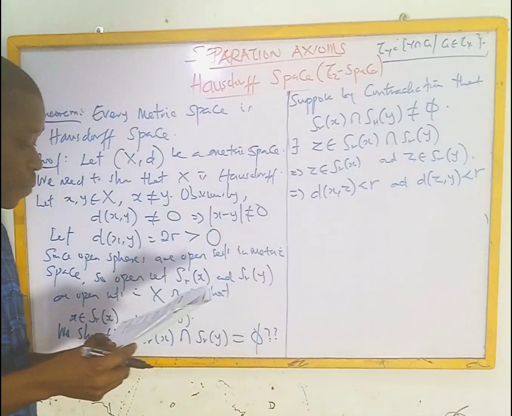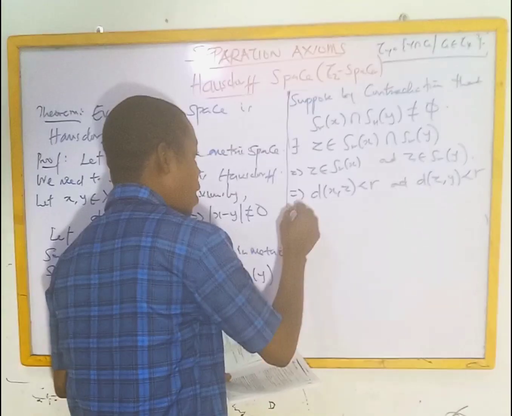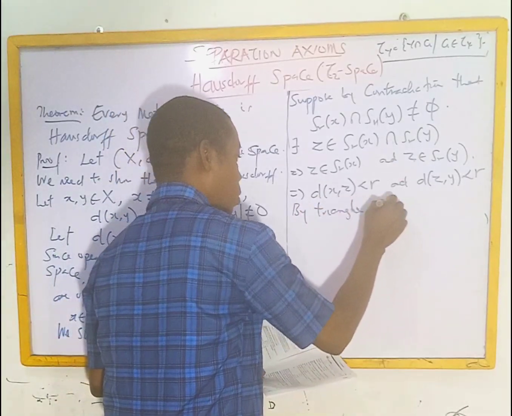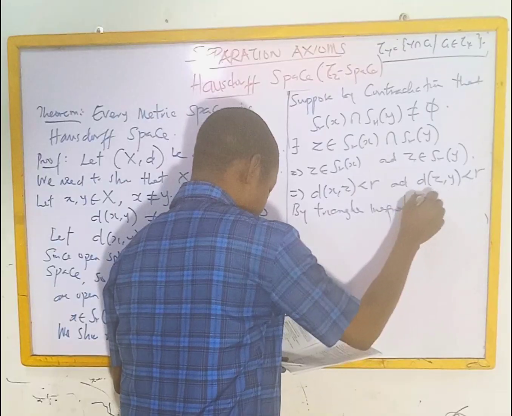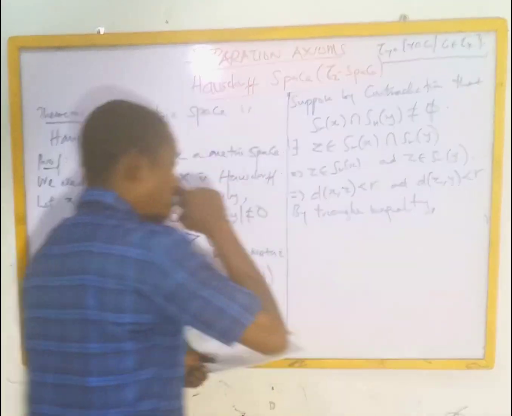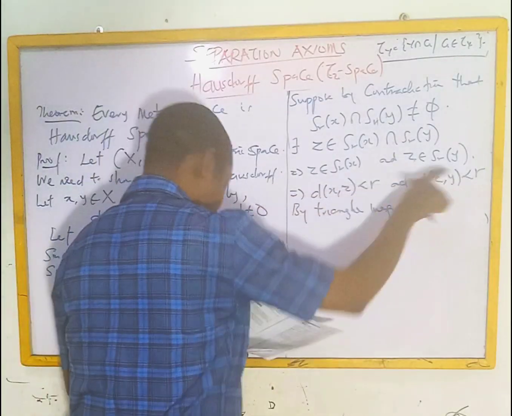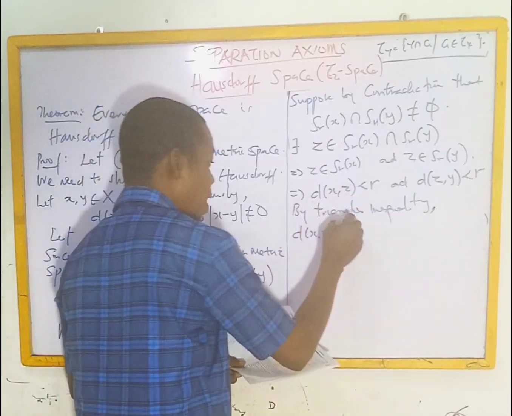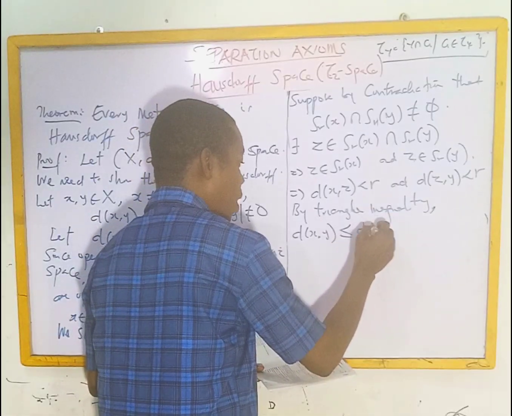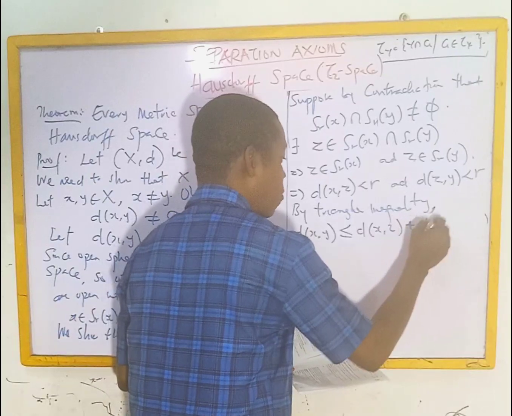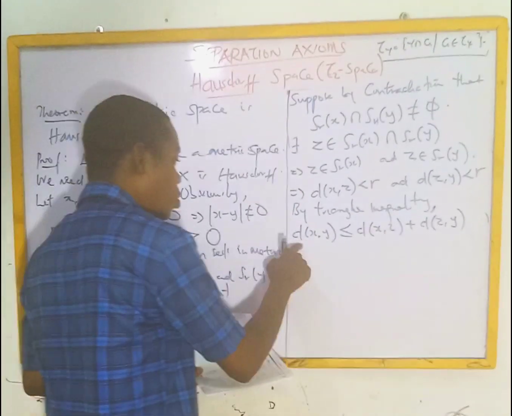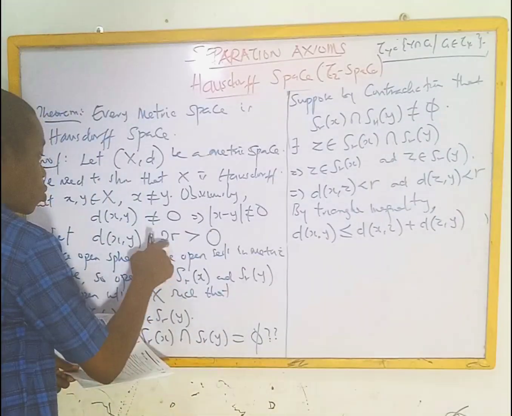Am I communicating now? By the triangle inequality, we obtain d(x, y) is less than or equal to d(x, z) plus d(z, y). This one, we already said, is greater than 2r.